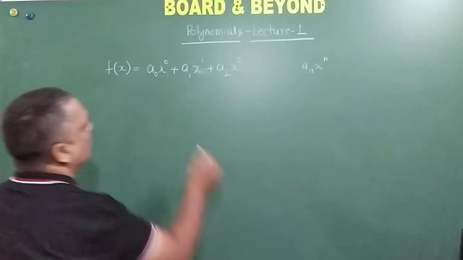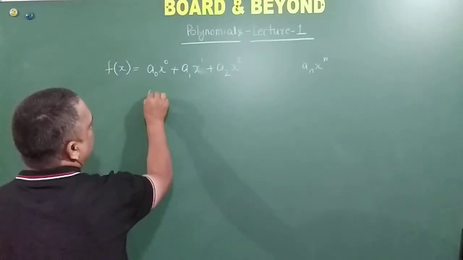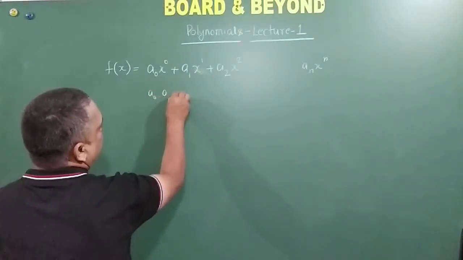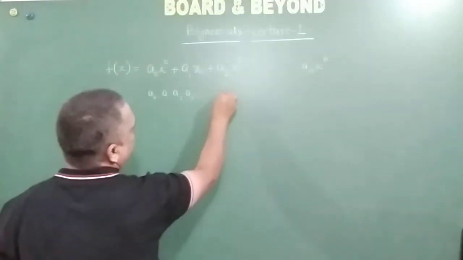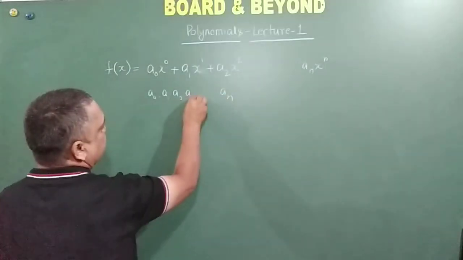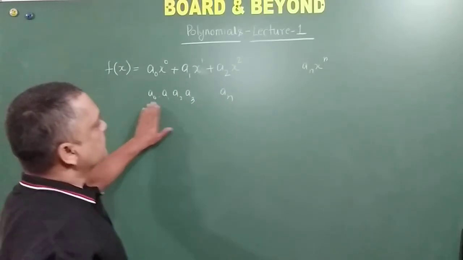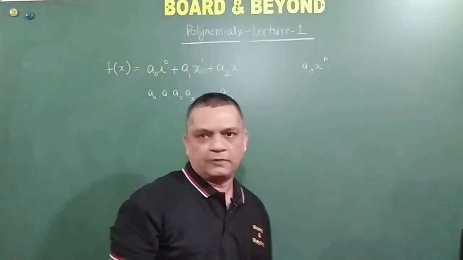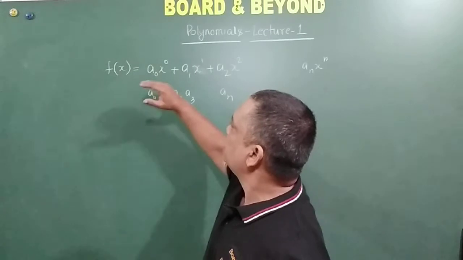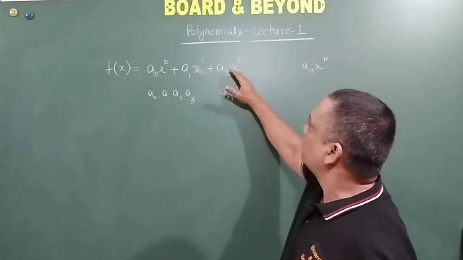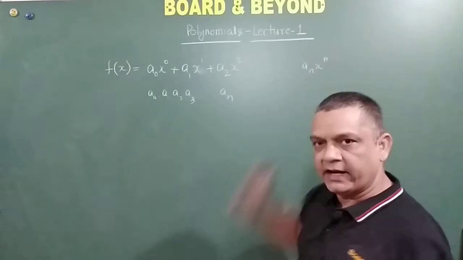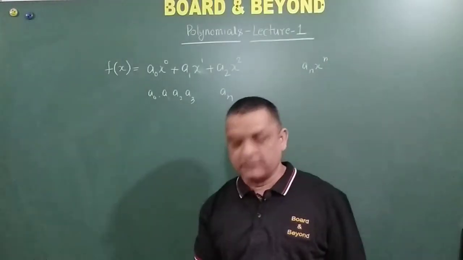All these, a0, a1, a2, a3, so on and so forth up to an, are all constants. And whatever you see, x raised to power 0, x raised to power 1, x raised to power 2, up to x raised to power n, are all variables.